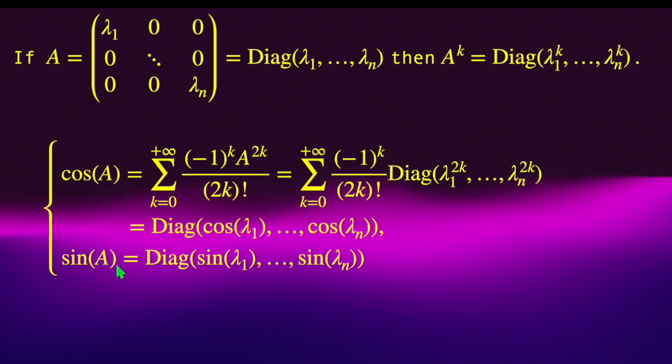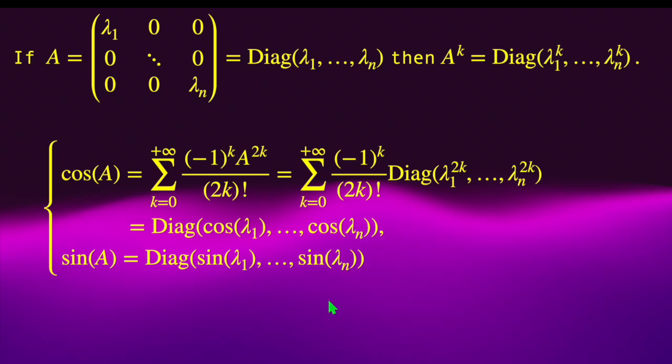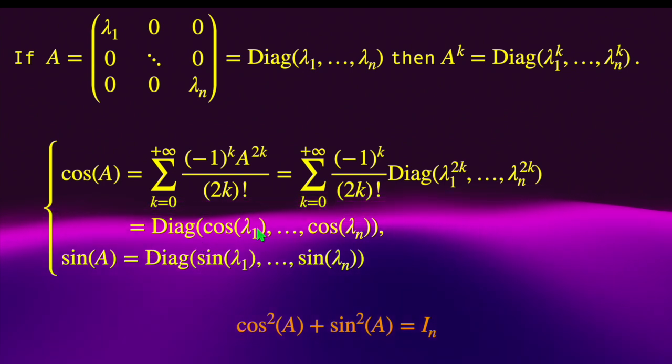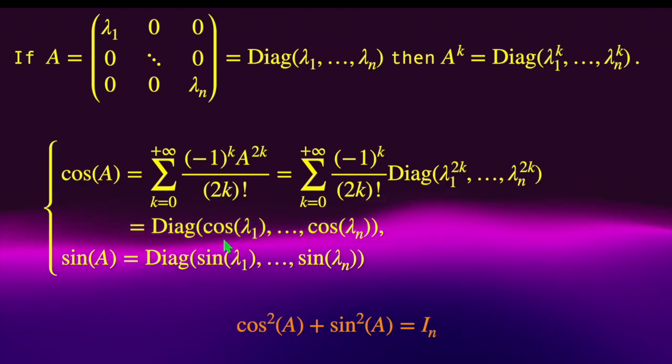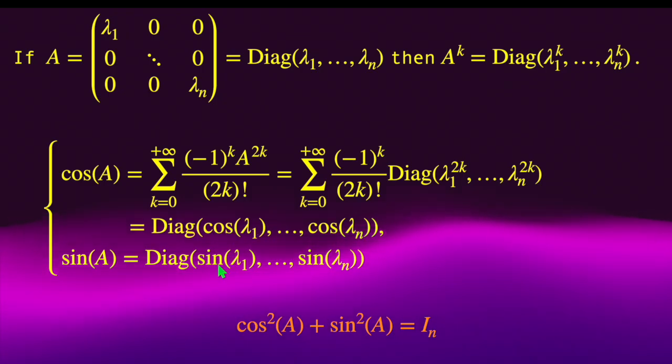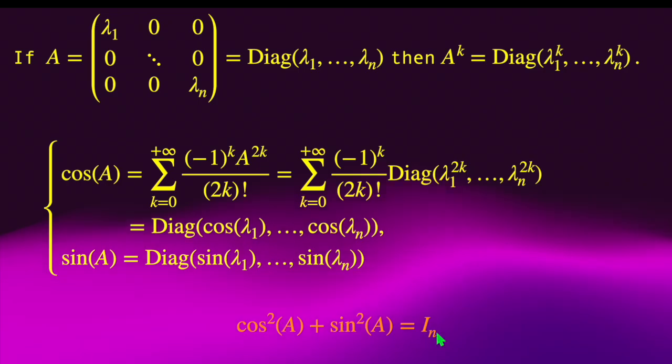And we can do the same for sine, and now the formula is easy to establish, because cosine A and sine A are diagonal, and you get cosine squared lambda i plus sine squared lambda i is equal to identity, and we are done.